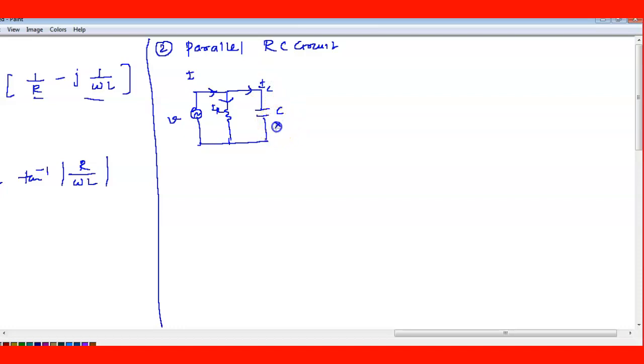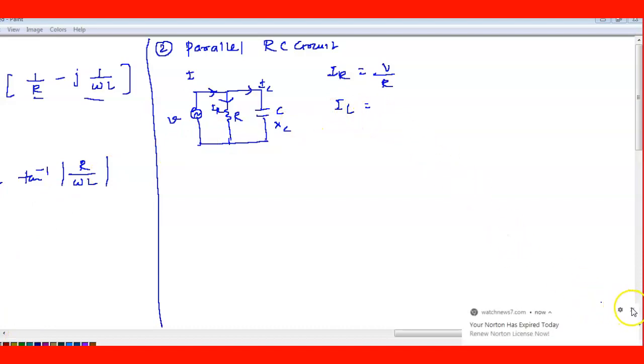You can find the XC. So IR is equal to V by R, right? And IC is equal to V by XC.